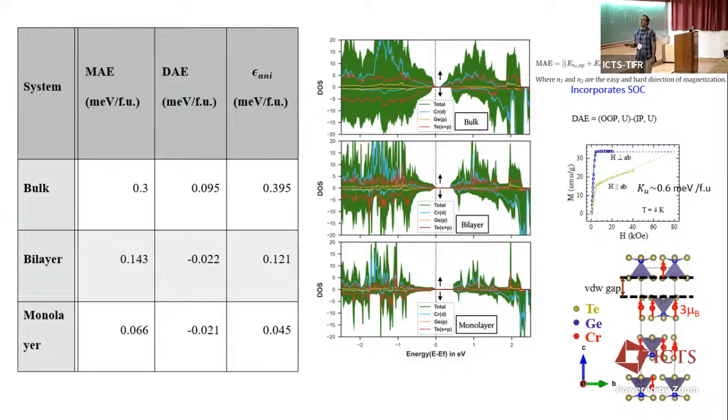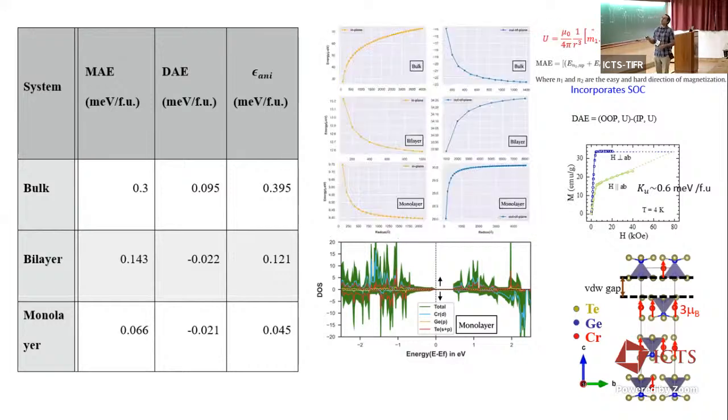And furthermore, we also calculated the dipolar anisotropy, which is the anisotropy associated with your dipoles inside the system. This is the electromagnetic dipole energy, the interaction between two dipoles. And we calculated the difference in dipolar energy if the dipoles are along the c-axis or they are in plane.